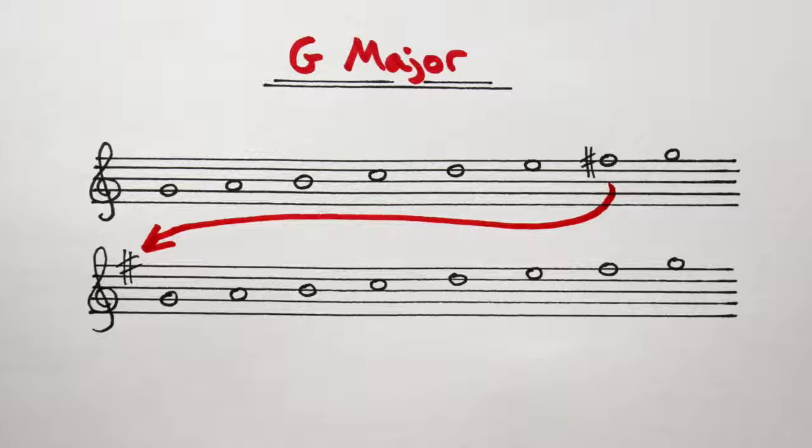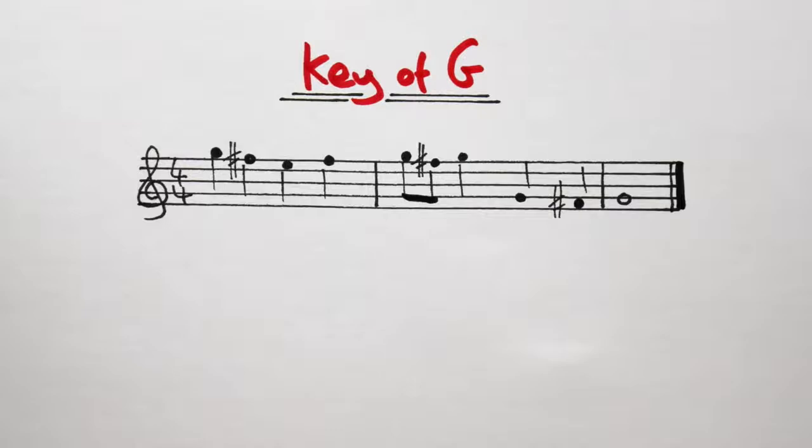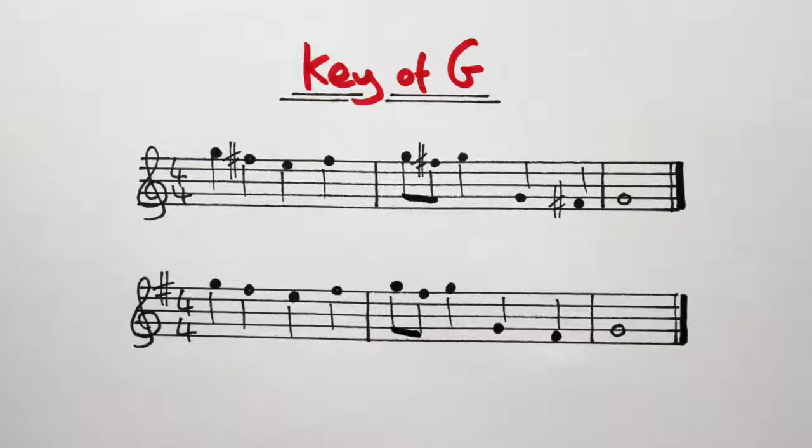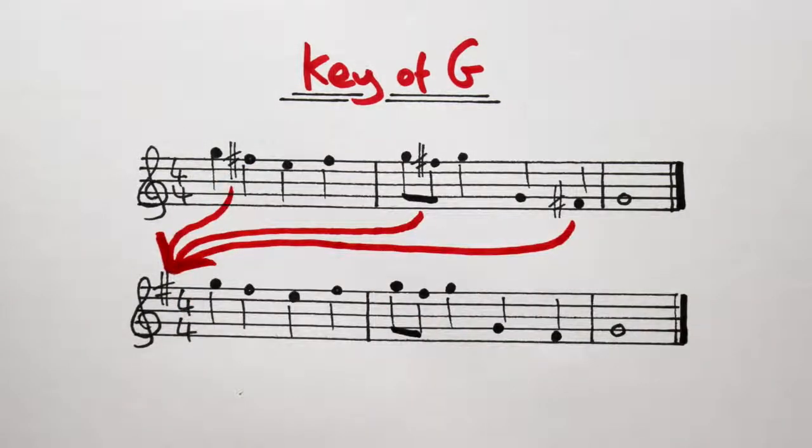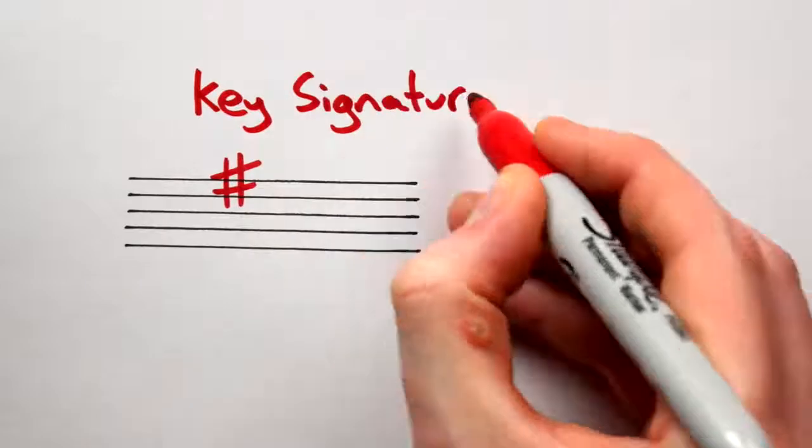Similarly, we can write a tune in the key of G major in two ways, like this, or this. I've done the same thing again. I've pulled out all the F sharps and condensed them into a single F sharp at the beginning of the tune. This master accidental, if you will, is called a key signature.